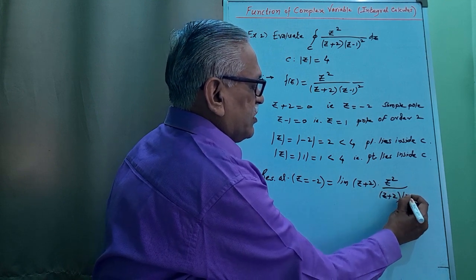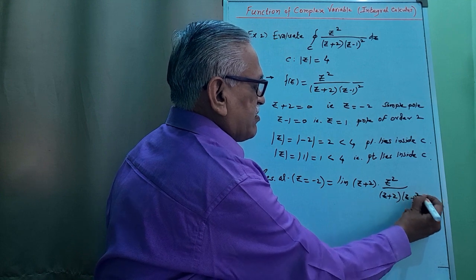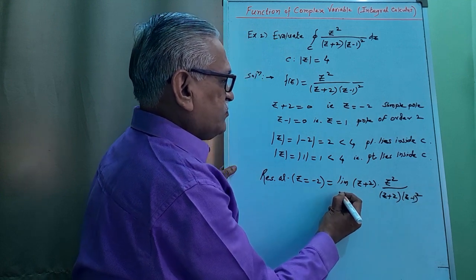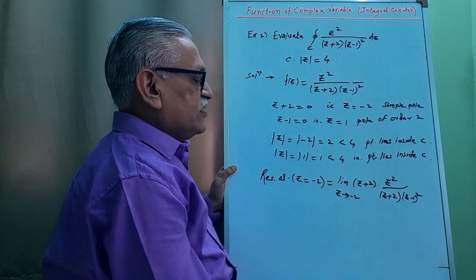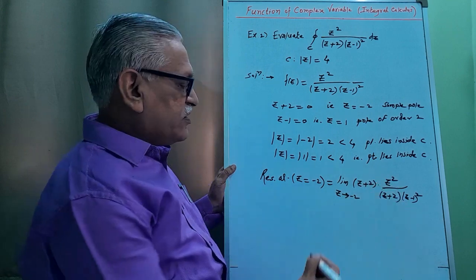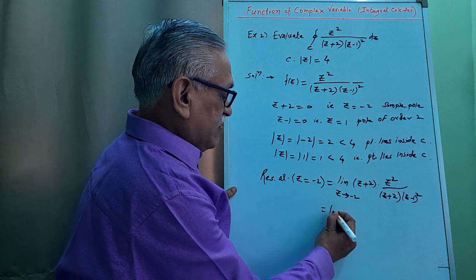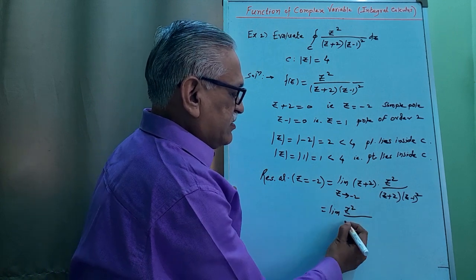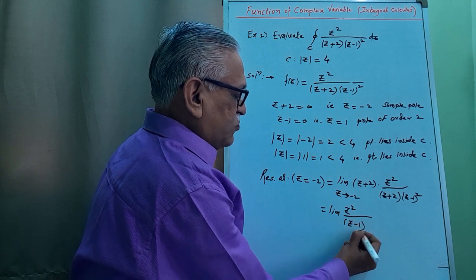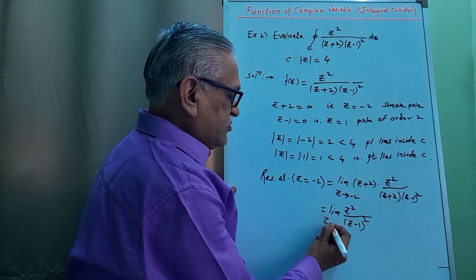into (z minus 1) whole square, and as limit z tends to a, here a is minus 2. Therefore, this z plus 2 gets cancelled. We get the limit of the remaining terms, z square divided by (z minus 1) whole square, as z tends to minus 2.